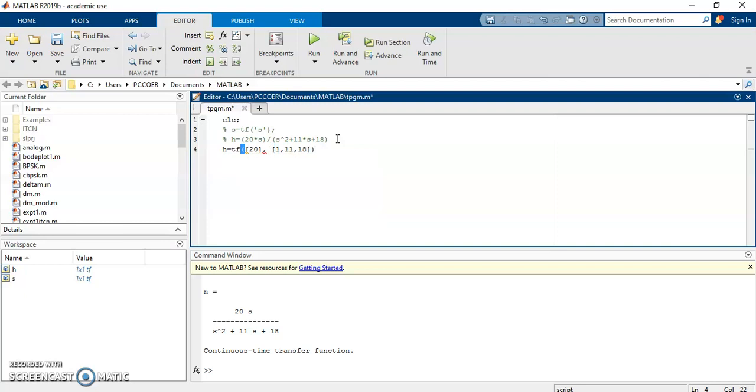These are the denominator coefficients. Let us execute this one. So here is your transfer function. This is by using the coefficients.